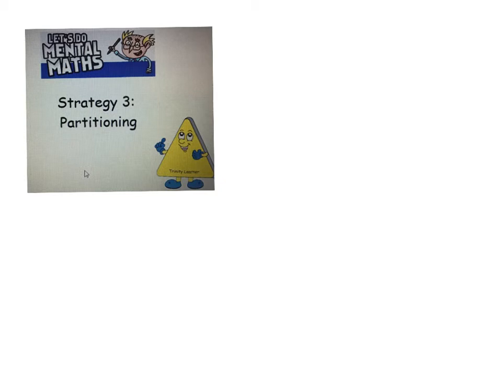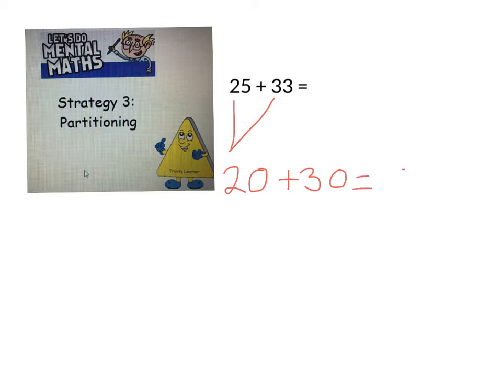So, for example, if you had a sum such as 25 plus 33, what you would do is look at the tens column first, and if you imagine that you are taking those tens out and you are adding those together first. So you've got 2 tens on the left, which is 20, and you would add that on to your tens on the right, which you have 3 of those, which is 30. 20 plus 30 is equal to 50.